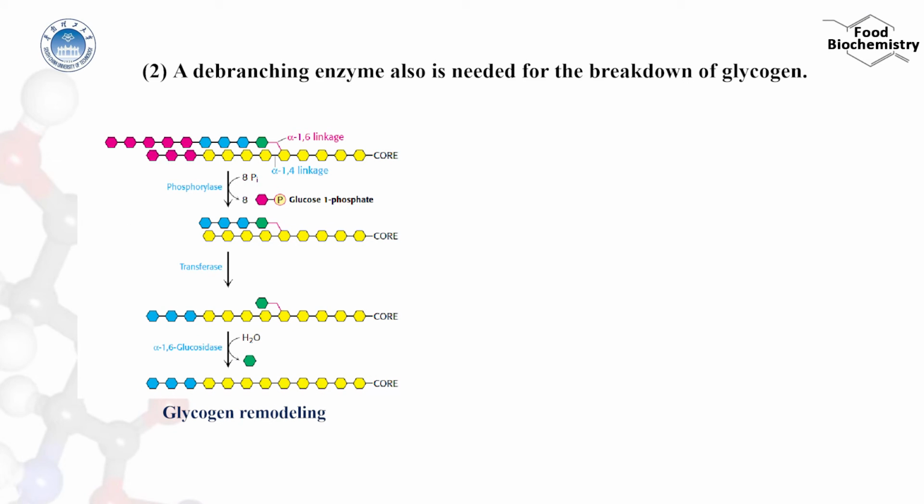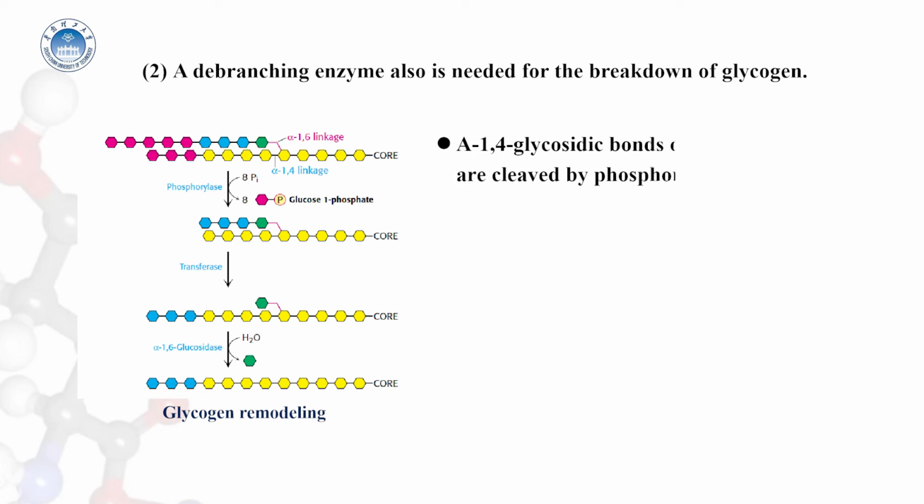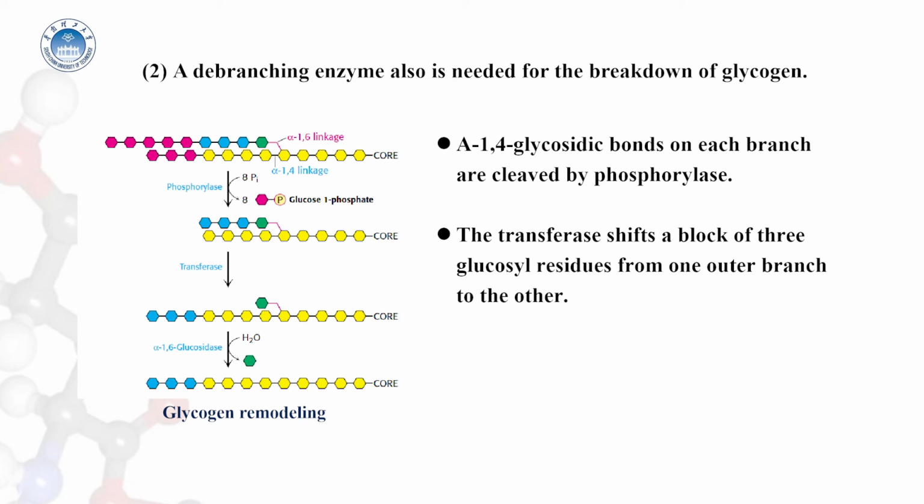A debranching enzyme also is needed for the breakdown of glycogen. First, alpha-1,4 glycosidic bonds on each branch are cleaved by phosphorylase, leaving 4 residues on each branch. The transferase shifts a block of 3 glucose residues from one outer branch to the other.